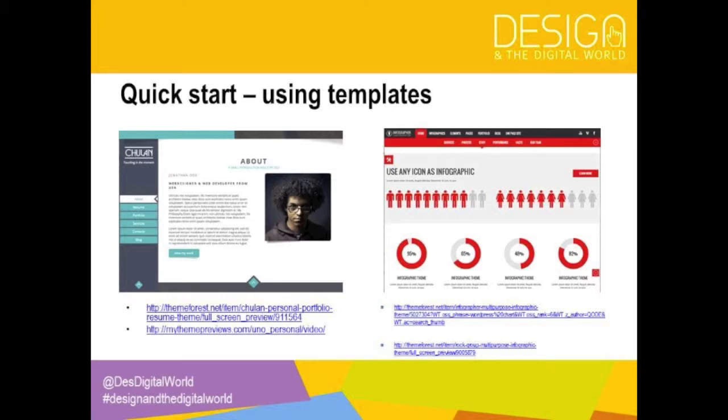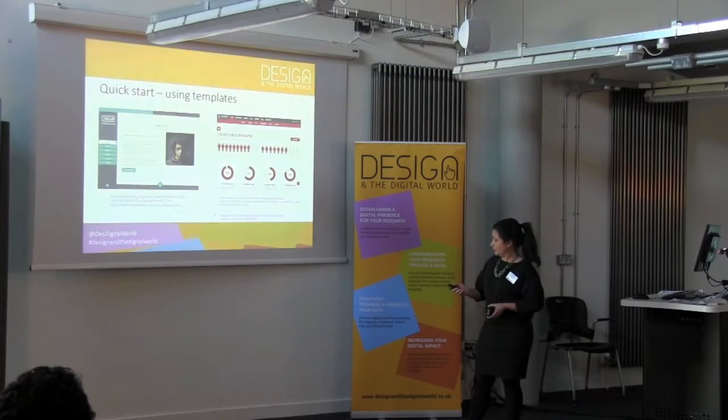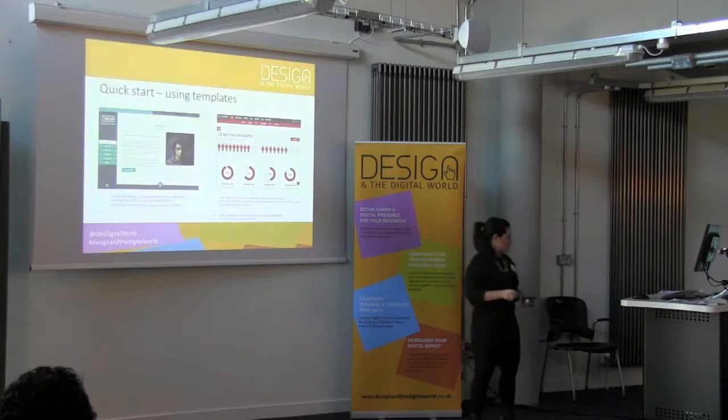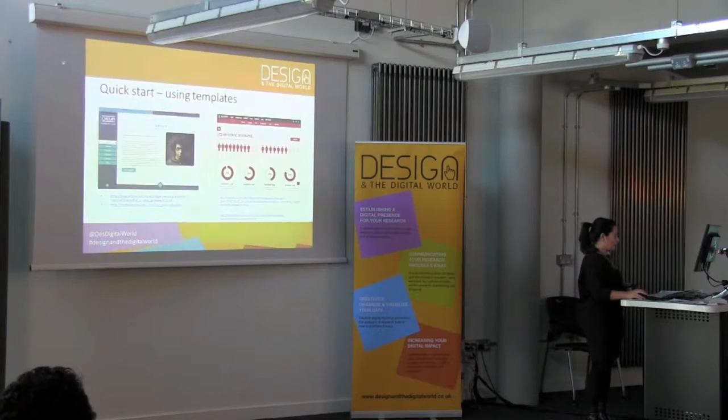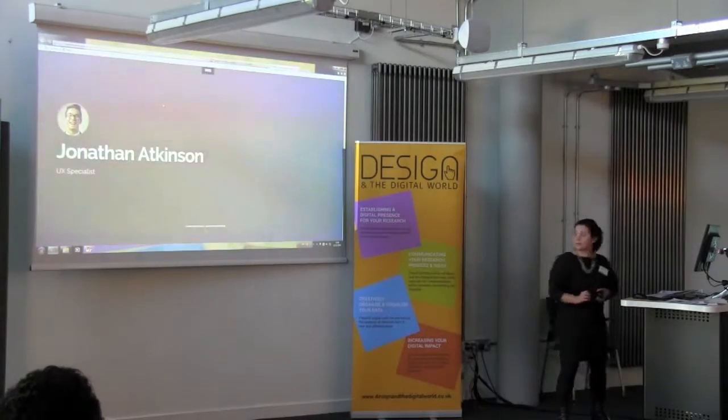So you can really flick through different websites that offer templating, and depending on the platform that you choose, whether it's Joomla or WordPress, you've got lots of different ones to choose from. This is an example of a personal page. They're getting very sophisticated now, and very inexpensive as well.